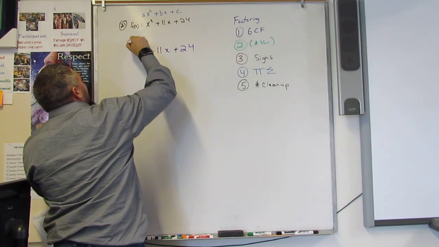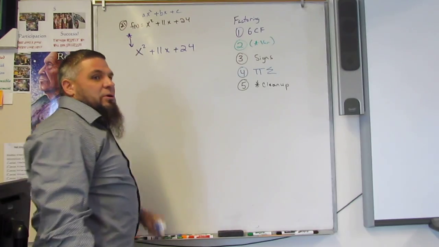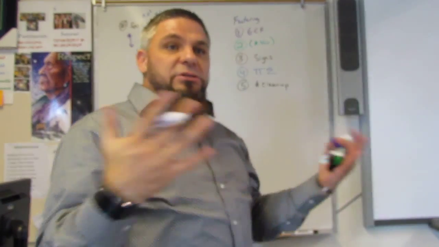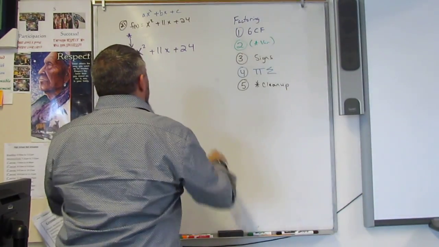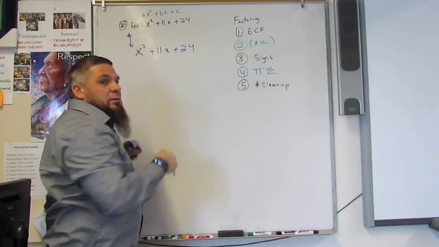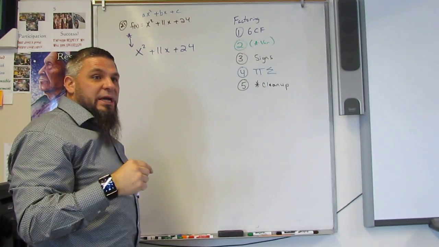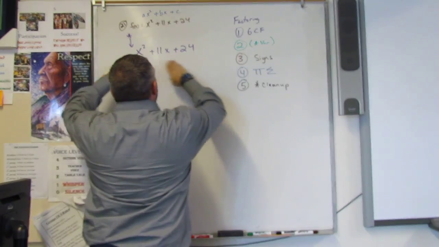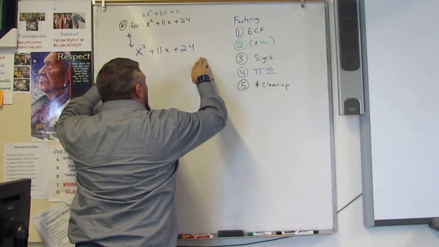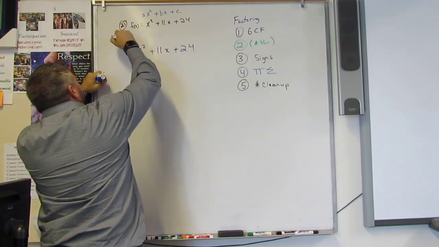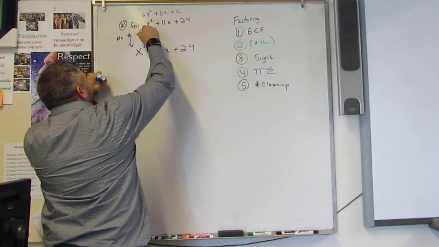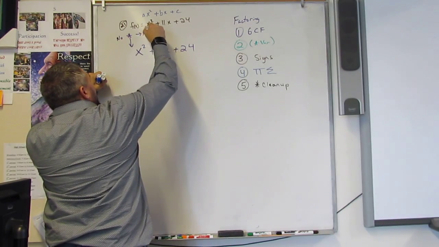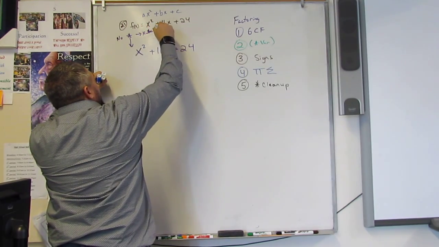The star is this first coefficient. If there's no star, then there's no GCF. Unless there's an extra letter in here that I can pull out. Okay? So, there's no GCF, there's no star cleanup. No star implies no star cleanup.